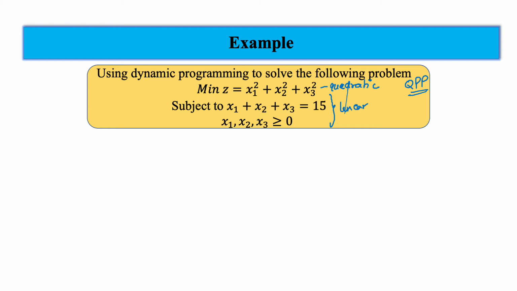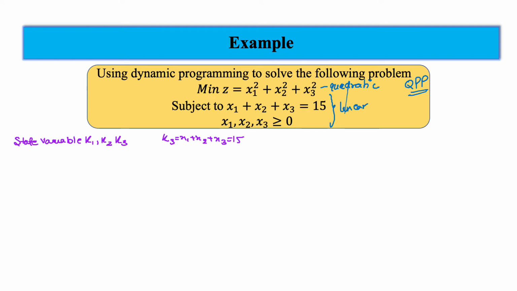So suppose I am having 3 different state variables k1, k2 and k3. So we mark first state variable as k3 is equals to x1 plus x2 plus x3 is equals to 15.